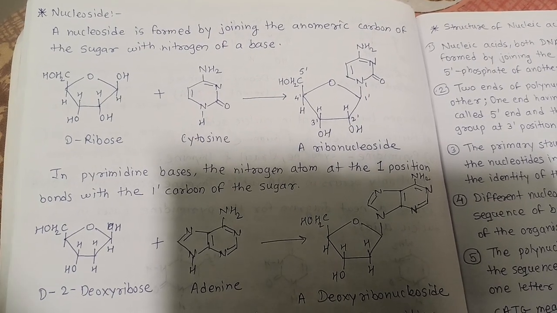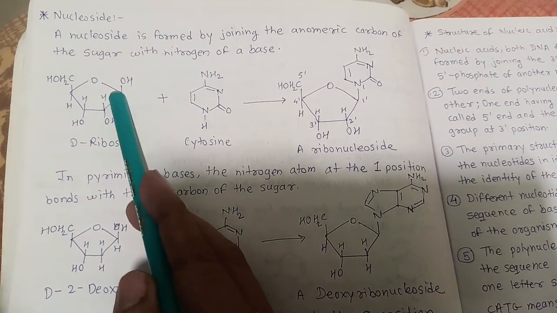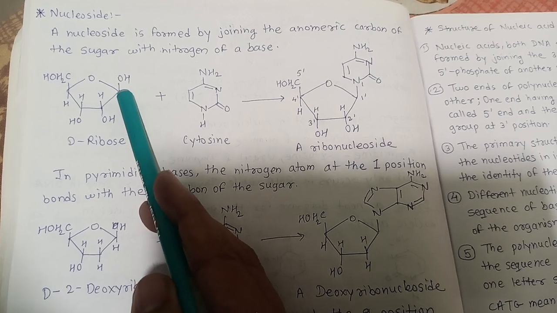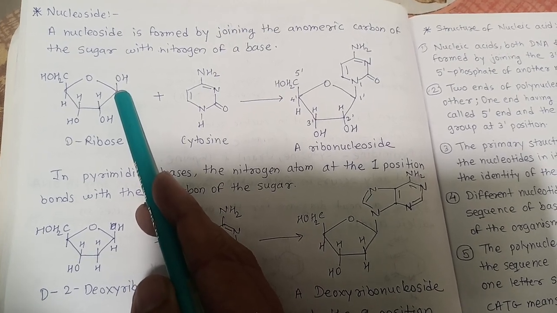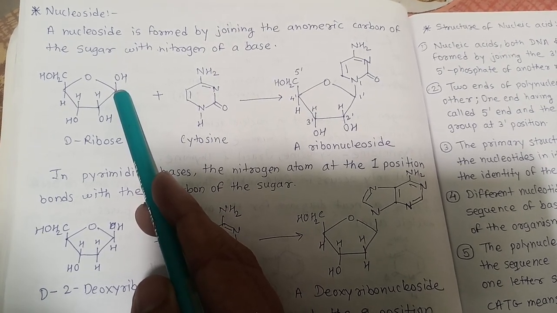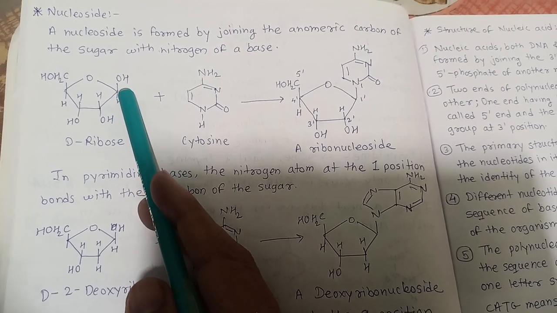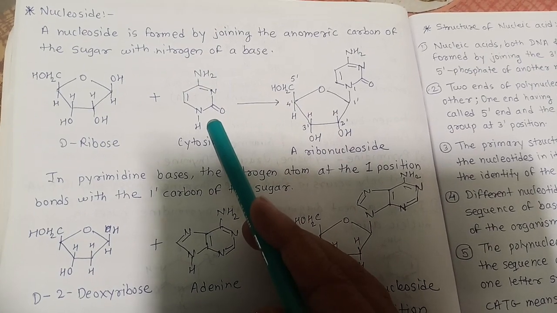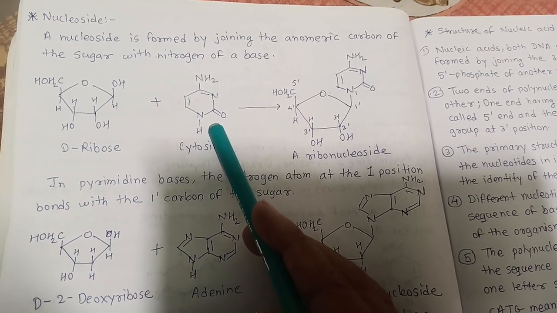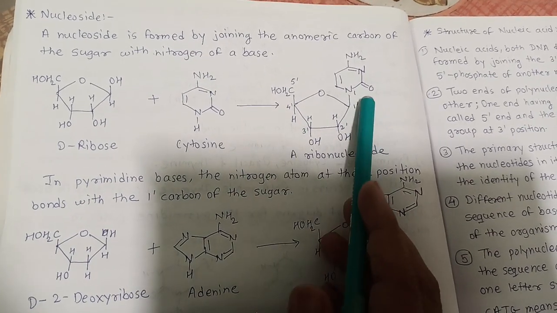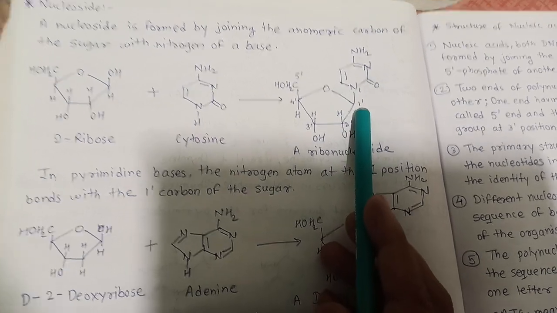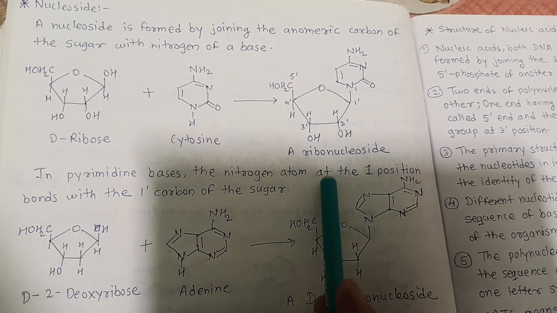So we can clearly see the first carbon of sugar is anomeric carbon. Anomeric carbon is also called as chiral carbon. 4 different groups are attached to this carbon, therefore it is anomeric. And cytosine is the base used here. So see the attachment point, 1 and 1 dash.